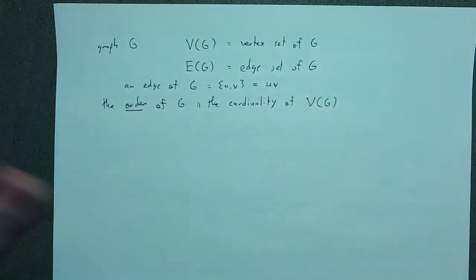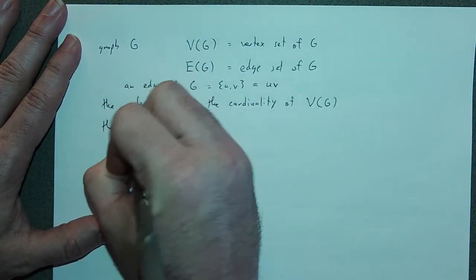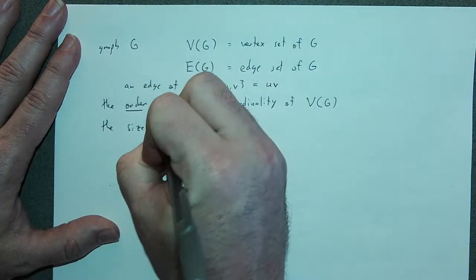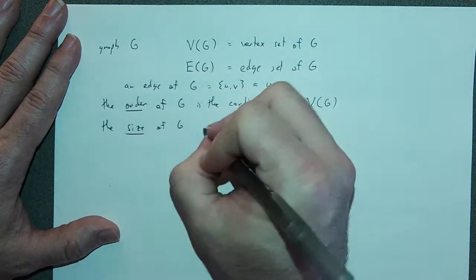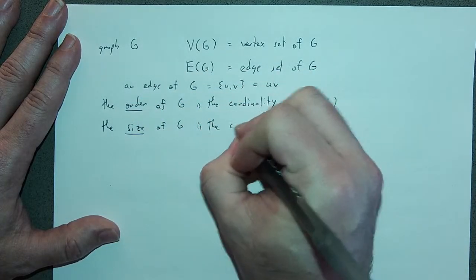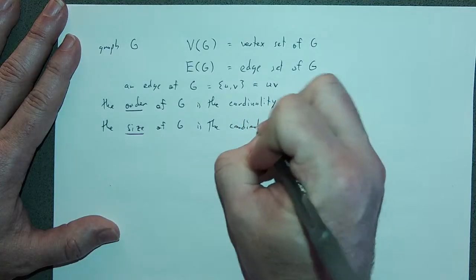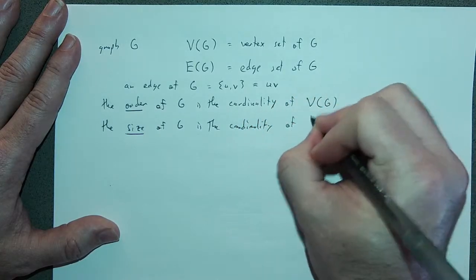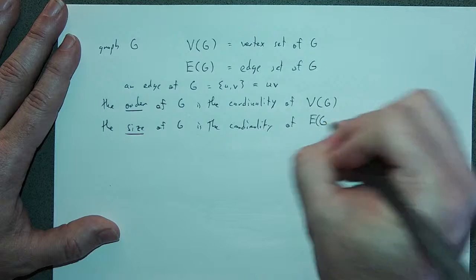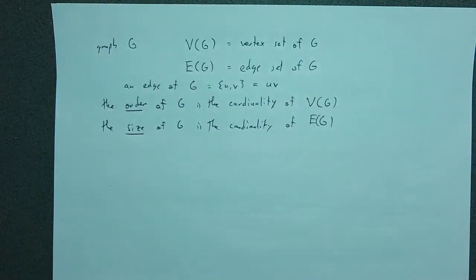So it's the cardinality of its vertex set. The size of G is the cardinality of its edge set. Okay.